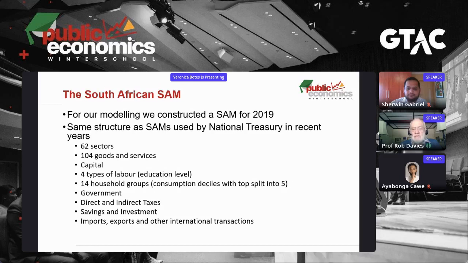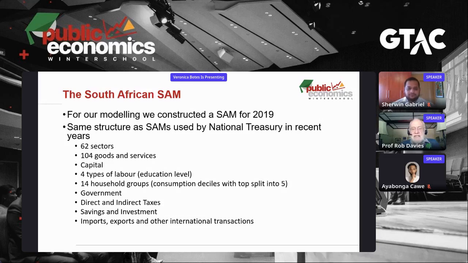They use capital, and we have 4 types of labor distinguished by their educational levels. We've got 14 different types of household identified by decile, except that the richest decile is divided into 5 2% groups.